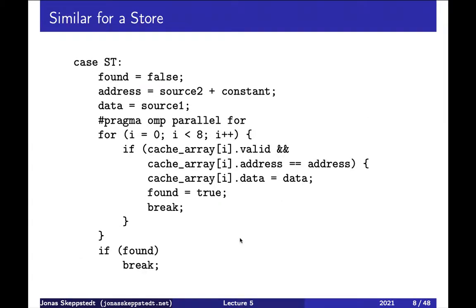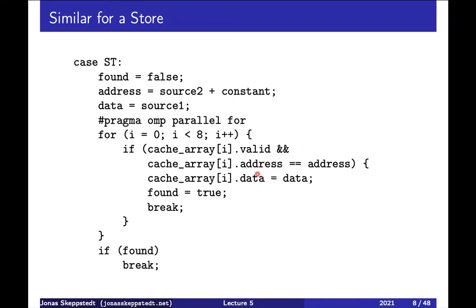And the same is similar for writing to memory or writing to the cache. An important difference obviously is that we already have the data and we want to put it in the cache. So first we see if the previous version of this data is in the cache.